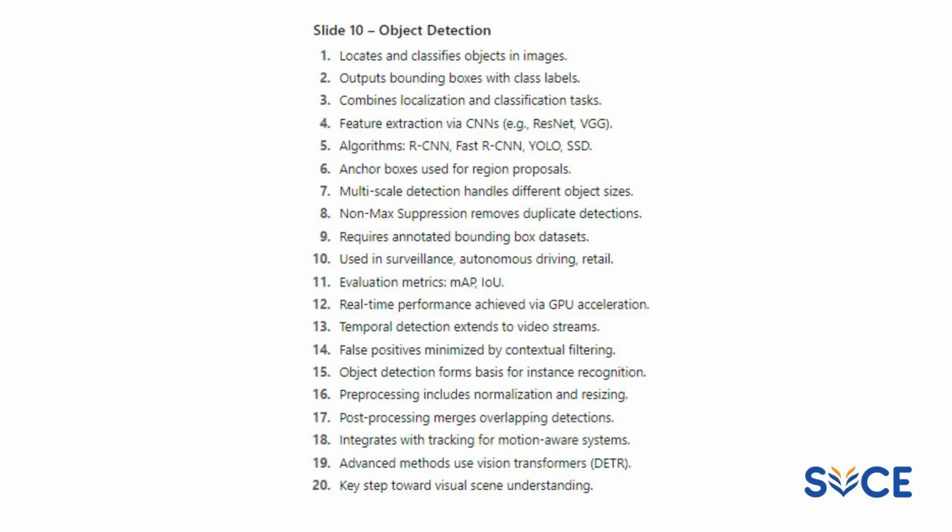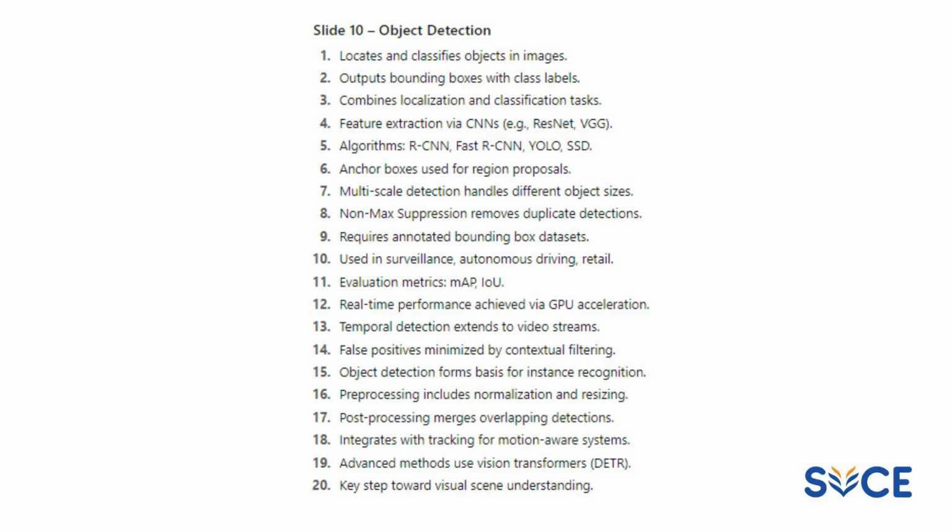It requires annotated bounding box datasets. It also requires evaluation metrics, where we use recall, precision, etc. Some of the applications are in surveillance, autonomous driving, retail, medical imaging, and so on.